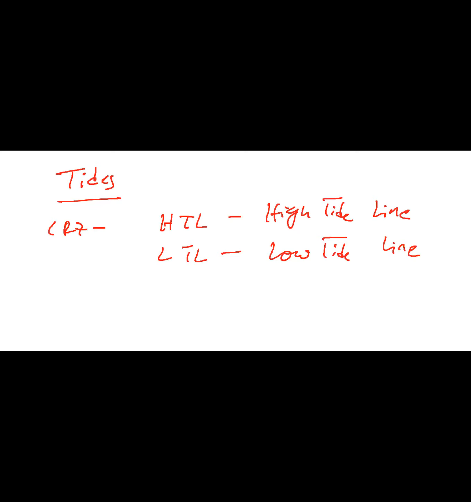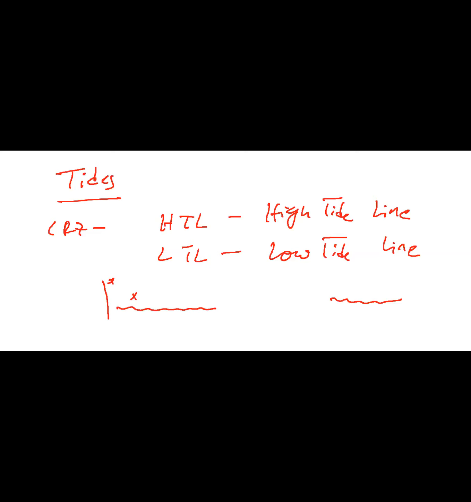Suppose this is the coastal area and here we have the sea, so we have tides. High tide means a heavy rise of sea level, and low tide the opposite. High tide means the sea waters will rise towards the coast.